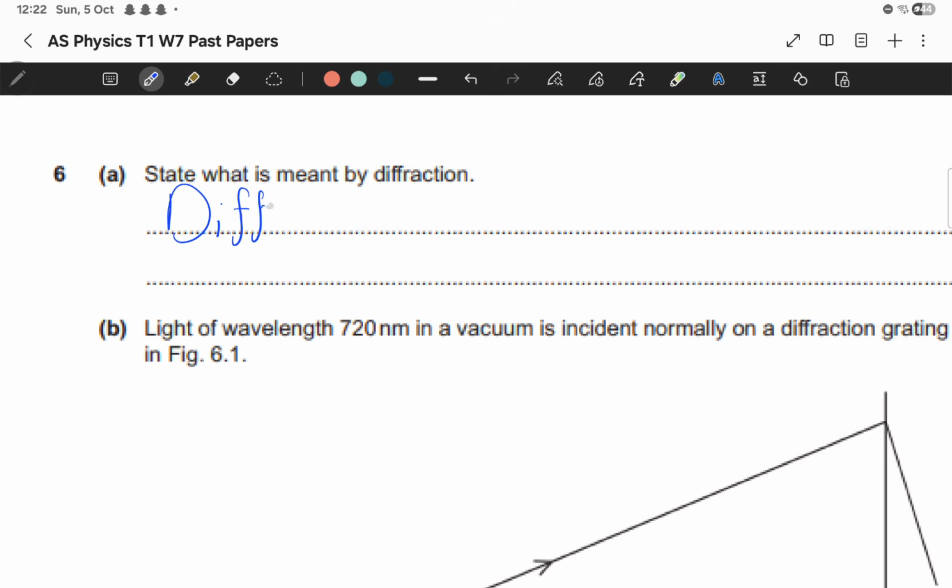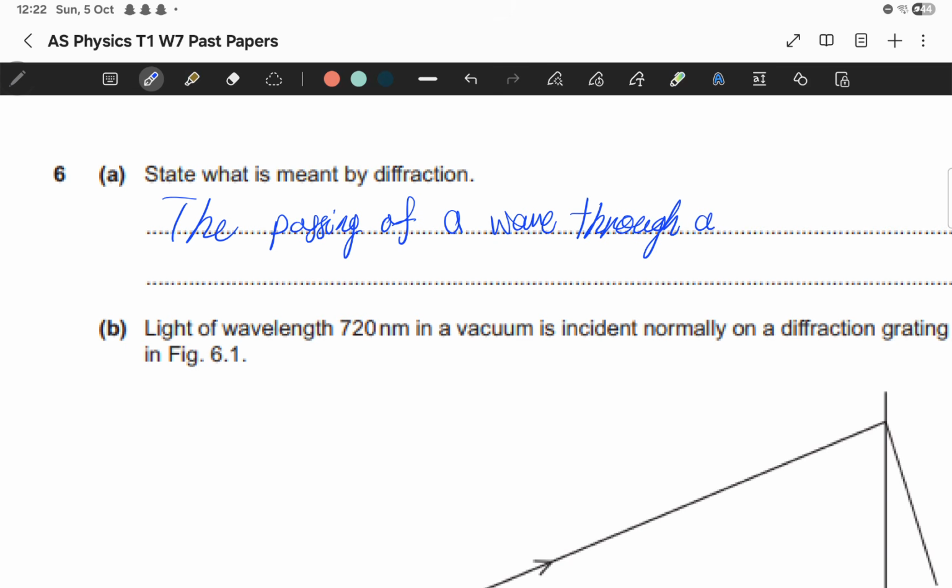Sorry, why am I writing the fraction? It is the passing of a wave through an aperture. Memorize it as aperture.